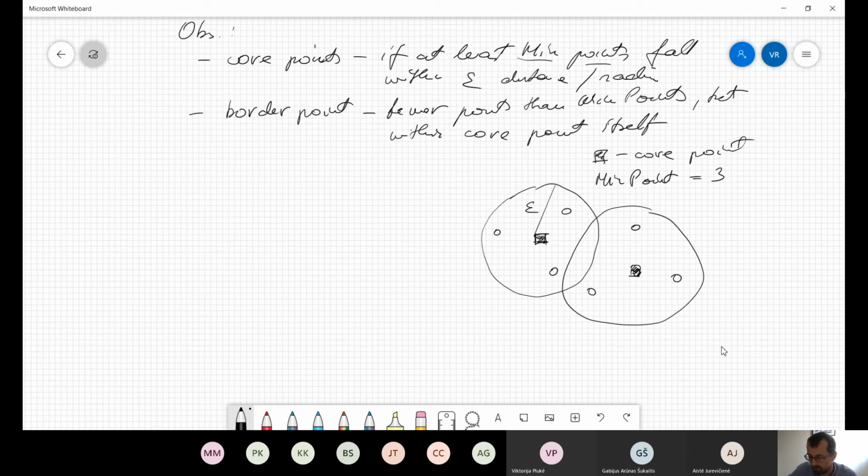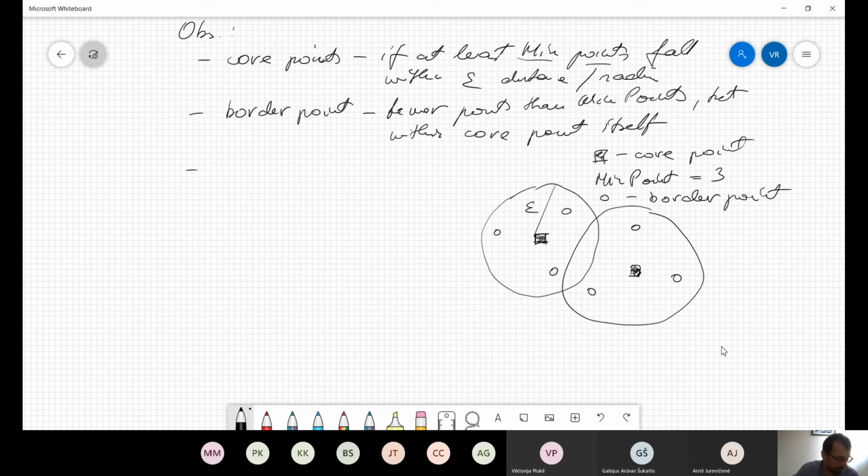So basically, these can be considered border points. They don't have min points around themselves, but they are falling within the core points' radius. So let's put this as a border point.